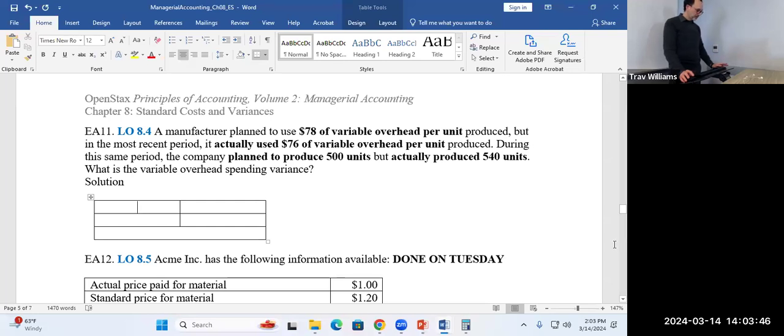Okay, so let's put in our formula. I'll just call it actual units, since that's what we're working with, times actual rate minus actual units times standard rate. Okay, so our actual units is 540.